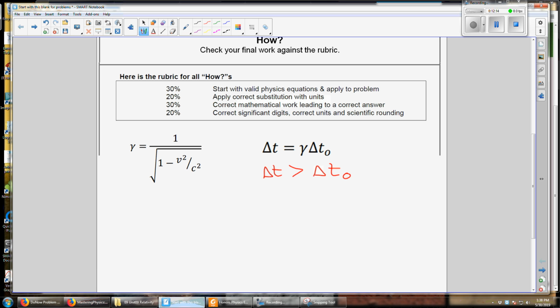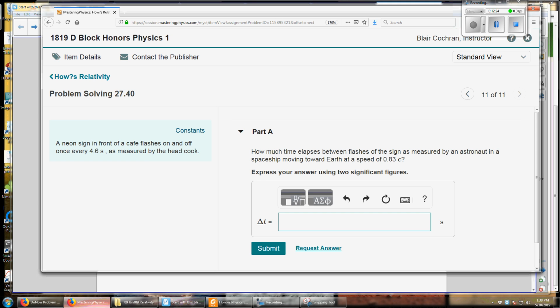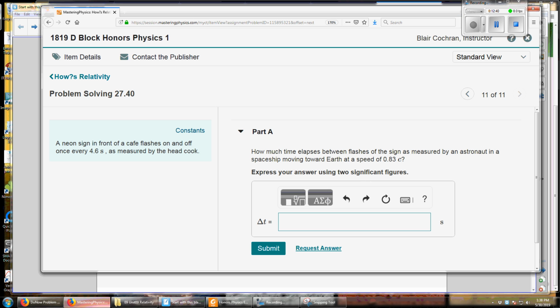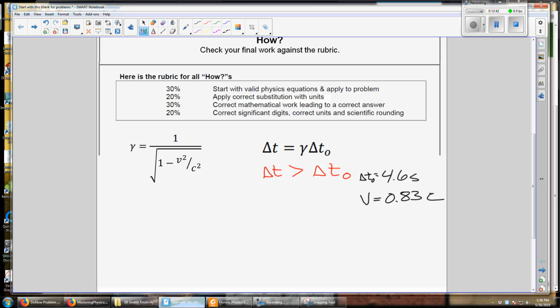And we said that would be the shorter time, so that must be delta t naught. v is 0.83 c. Yep. All right, give it a try. I'll give it a try also. Let's see who gets there first.